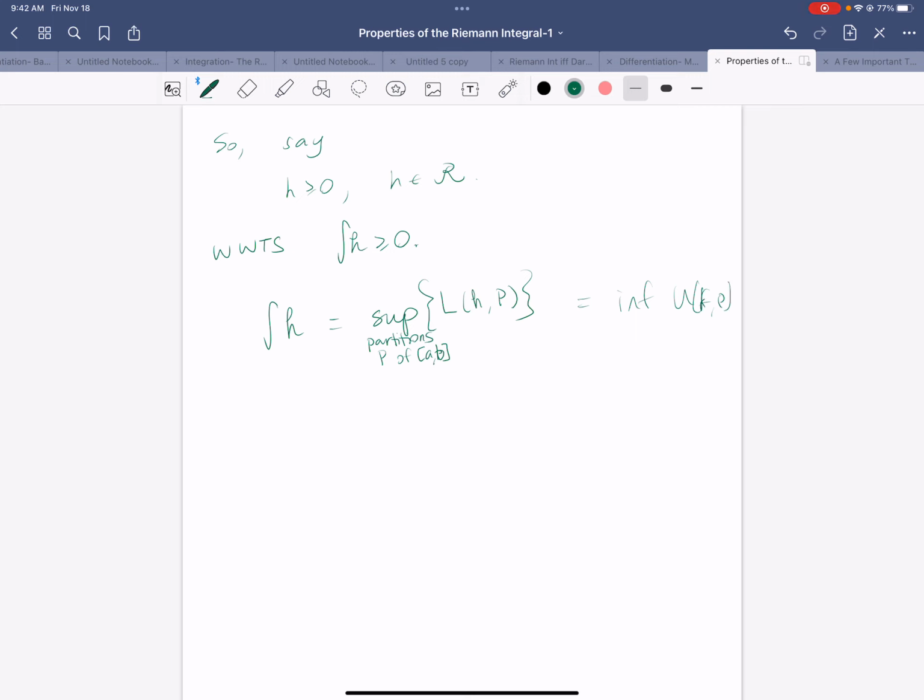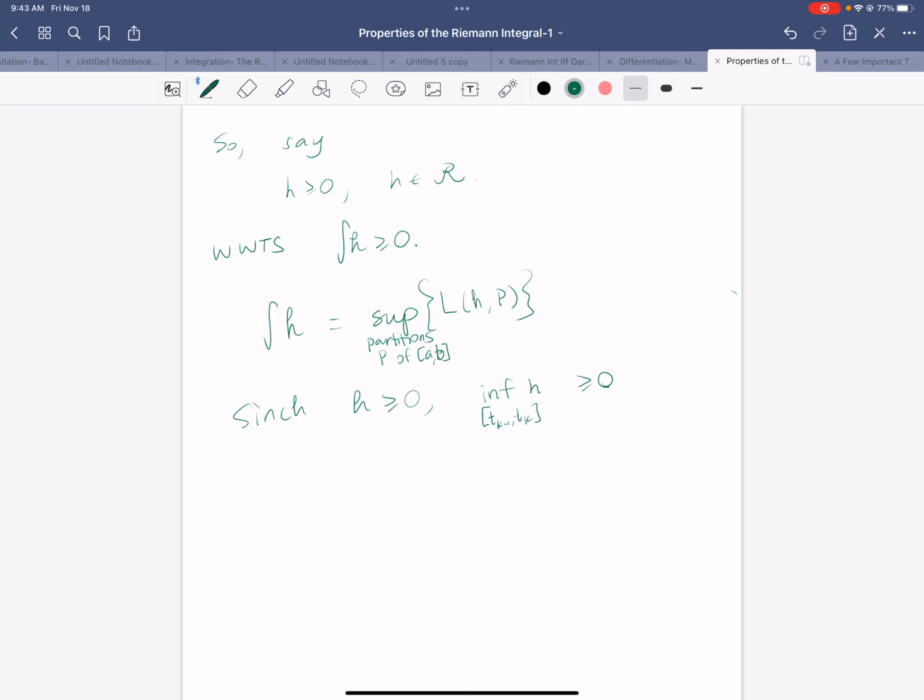But we don't really care about that part. What we care about is that the integral of h is the sup, it's the biggest, right? It's the supremum of the underestimates. And since h is bigger than or equal to 0, that means that the infimum of h over any subinterval, right, t_{k-1} to t_k, is going to be bigger than or equal to 0, right?